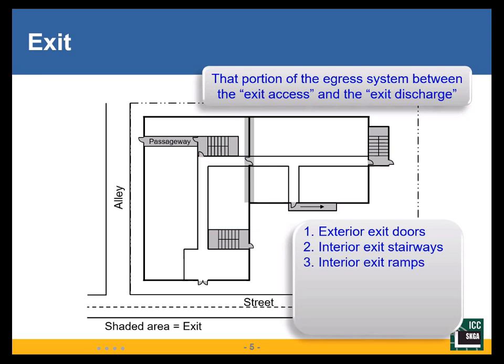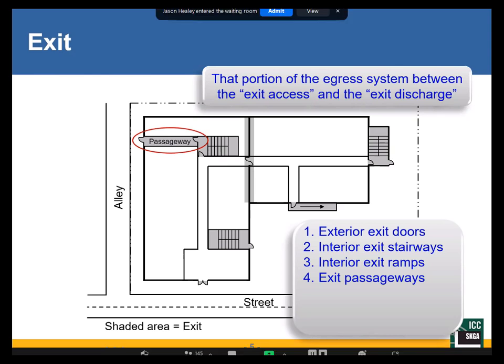Interior exit ramps. That's a ramp inside the building that is in a fire-rated enclosure. And an exit passageway. An exit passageway looks like a corridor, but has a much higher level of protection. In this drawing here, the level of protection in that exit passageway would be equivalent to the requirement for the stair. We'll talk about exit passageways.